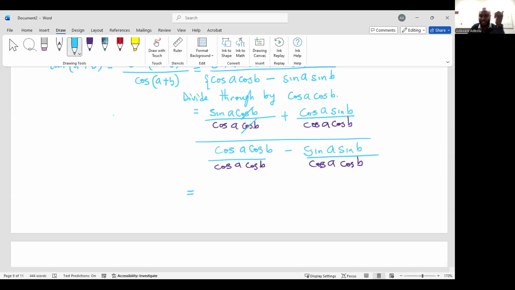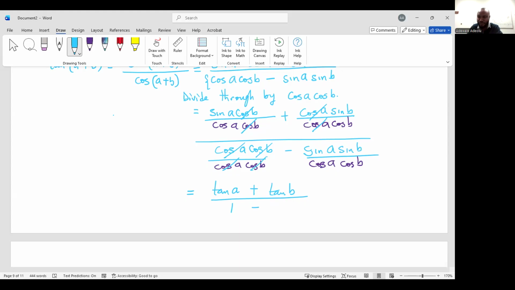So I have sine A divided by cosine A. That is tangent of A. Plus, here, cosine of A will get rid of cosine of A. So I'm left with sine of B divided by cosine of B, which is tangent of B. Divided by, here, cosine of A will get rid of cosine of A. Cosine of B will get rid of cosine of B. So I have 1 minus, here, nothing is getting rid of anything.